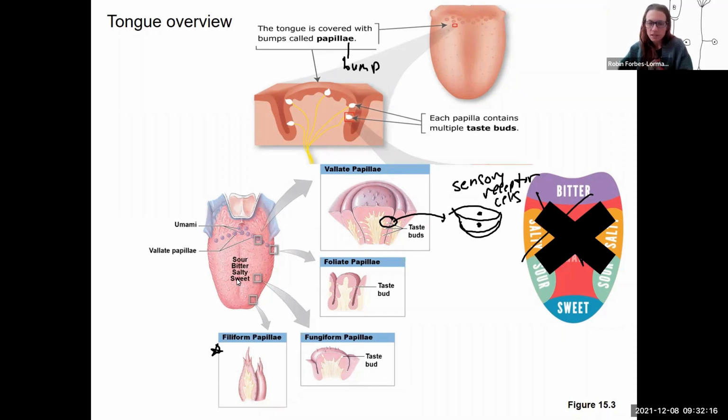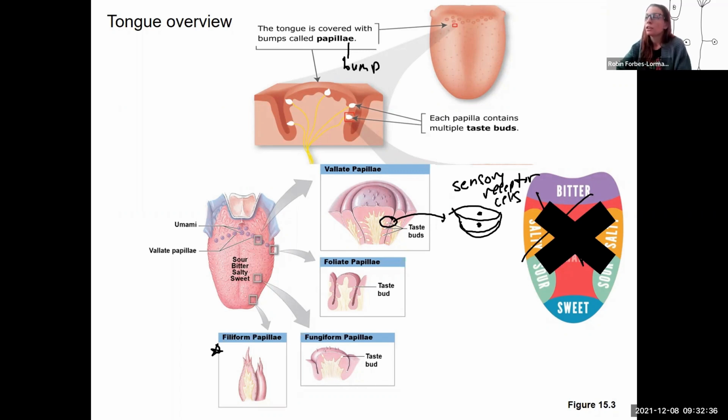These are located throughout the entire tongue, and it's thought that sensory receptor cells for bitter, salt, sour are located throughout the entire tongue. And potentially one cell could detect more than one taste molecule.